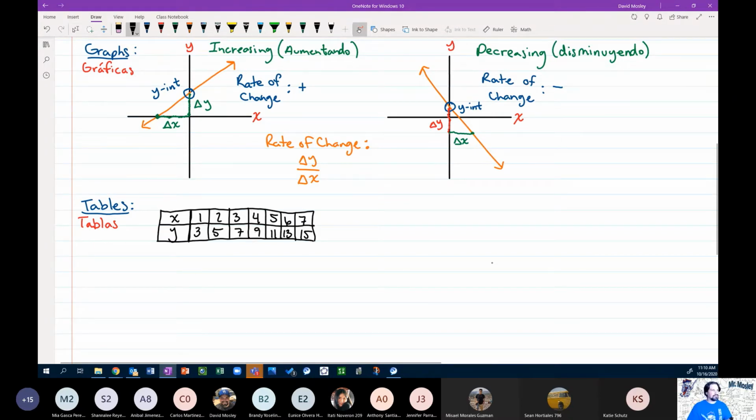Okay. And we also have tables that look like this.